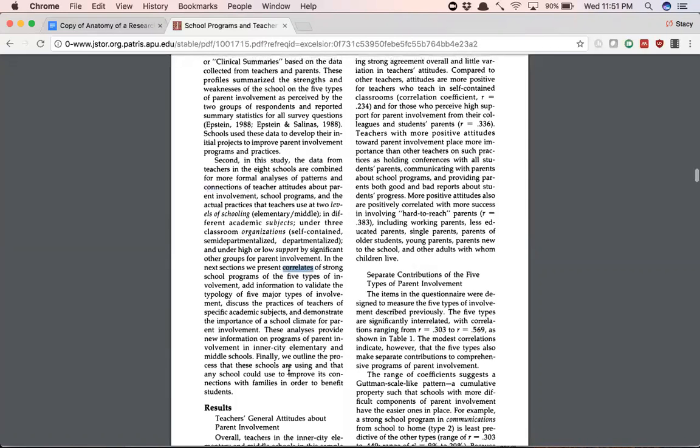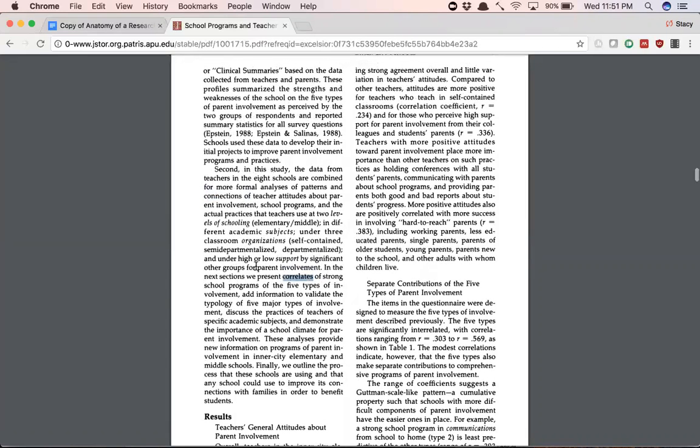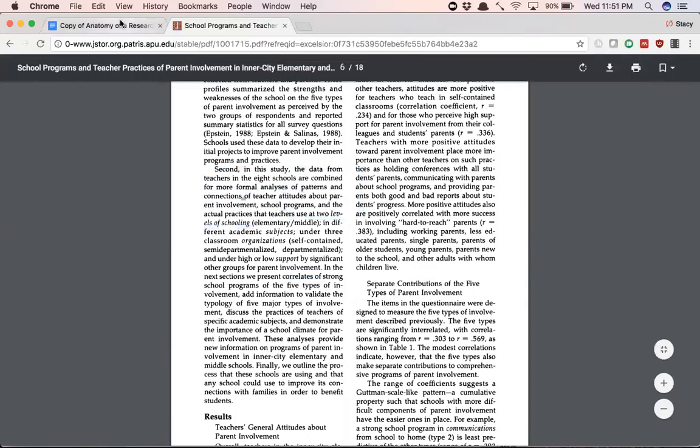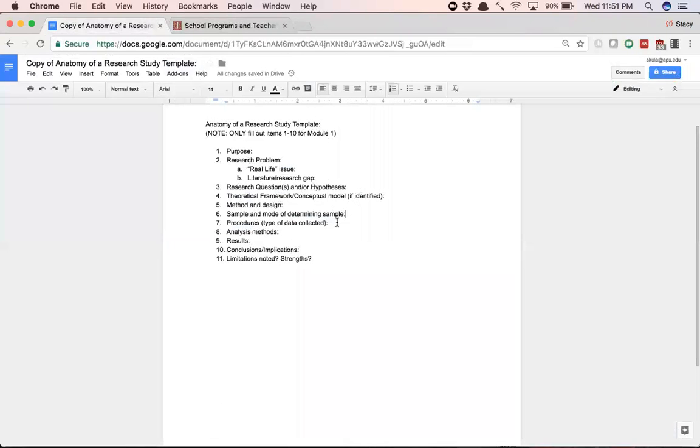Now I'd be okay if you don't understand that jargon. I would be okay with you just taking this first sentence and copying it over. But for method and design, this is a quantitative correlational study. And you'll learn how to determine that more quickly as you go along.